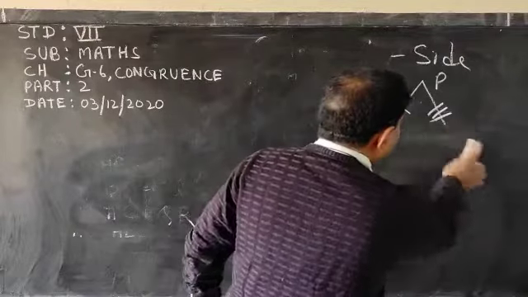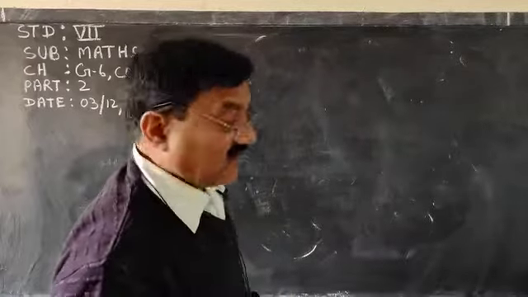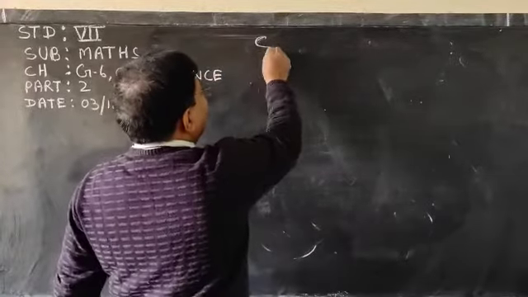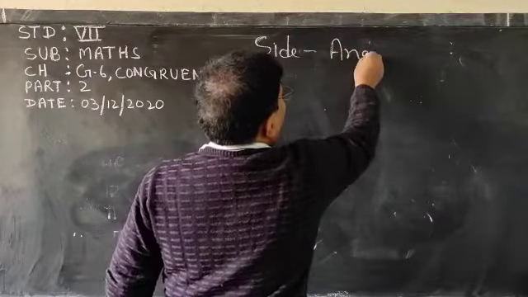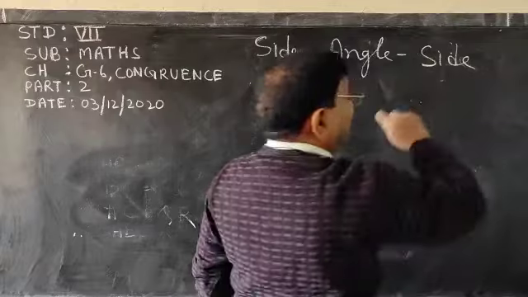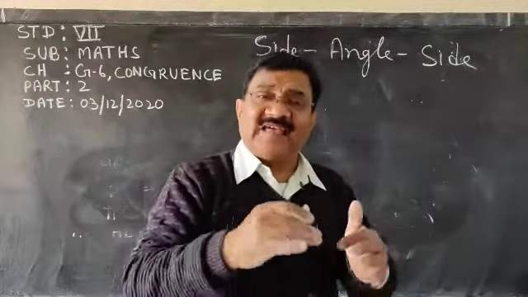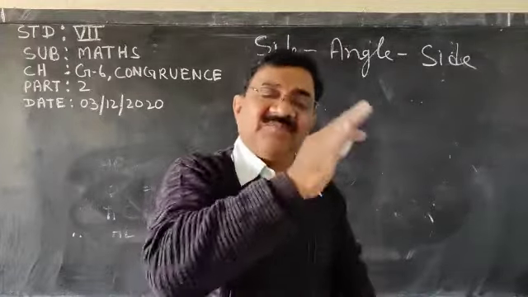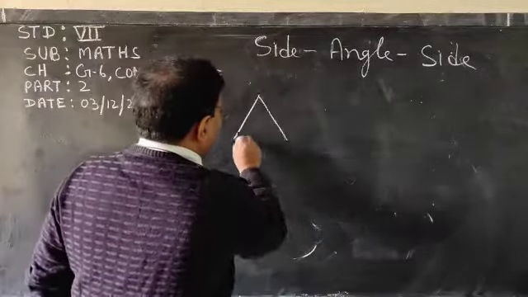What is SAS? Let us try to understand. That means side, angle and side. It means two sides must be equal, and the angle between the two sides must be equal. Here is triangle ABC.